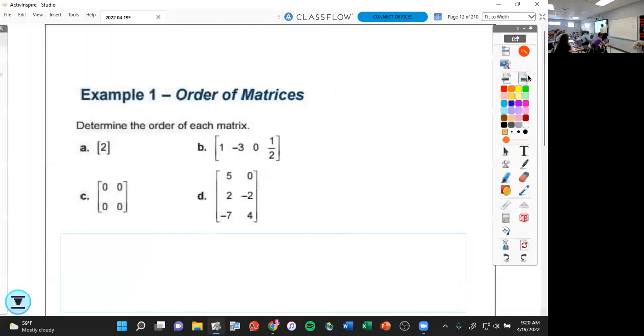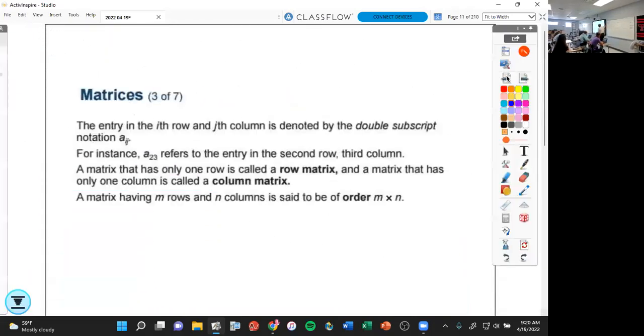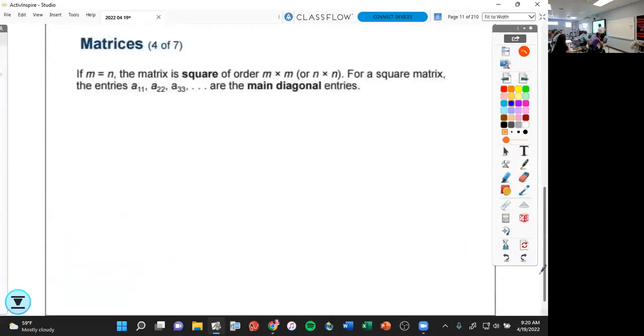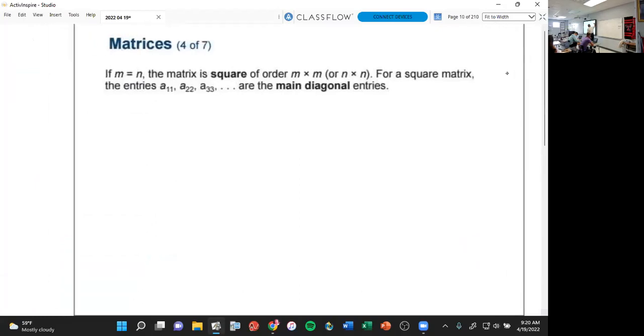I think I just skipped a slide. I did not. Okay. If m equals n, then it's a square matrix. Makes sense, right? If m and n are the same, it's a 6 by 6 matrix, a 3 by 3 matrix, or whatever. For a square matrix, the entries 1,1, 2,2, and 3,3 are the main diagonal. Let me go back a couple slides.